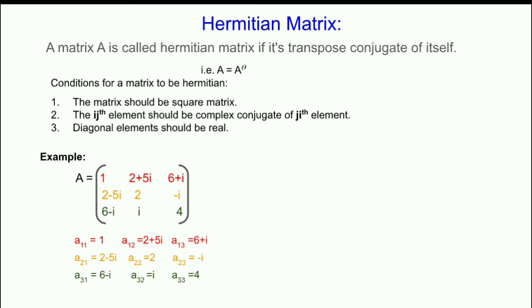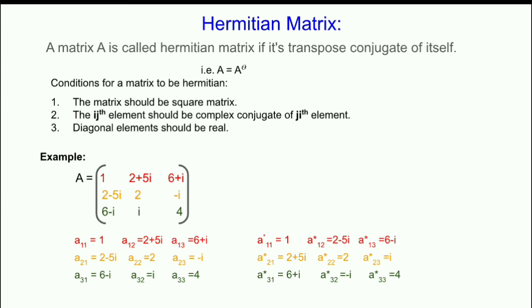If we take the complex conjugate of these elements, then we get A11 star is equal to 1, A12 star equal to 2 minus 5i, A13 star equal to 6 minus i, A21 star equal to 2 plus 5i, A22 star is 2, A23 star is i, A31 star is 6 plus i, A32 star is minus i, and A33 star is 4.